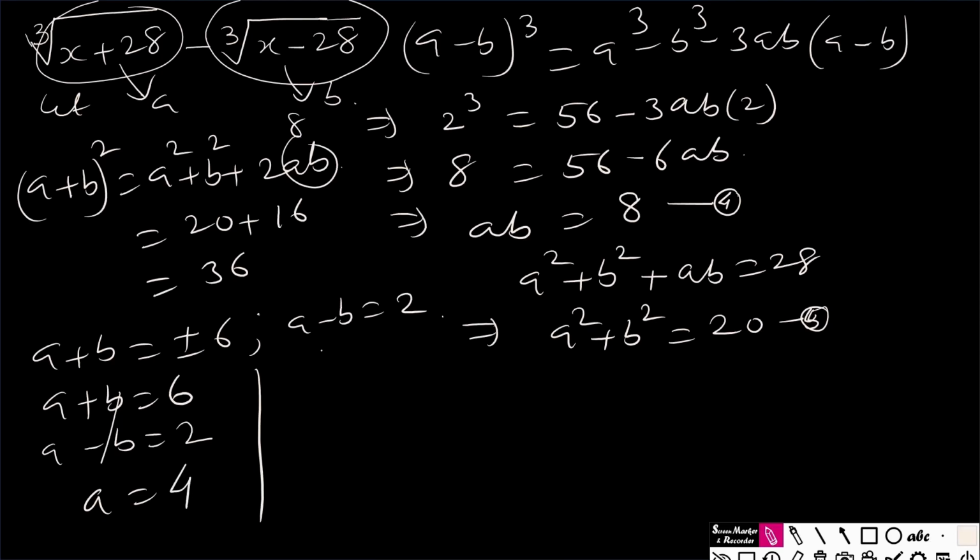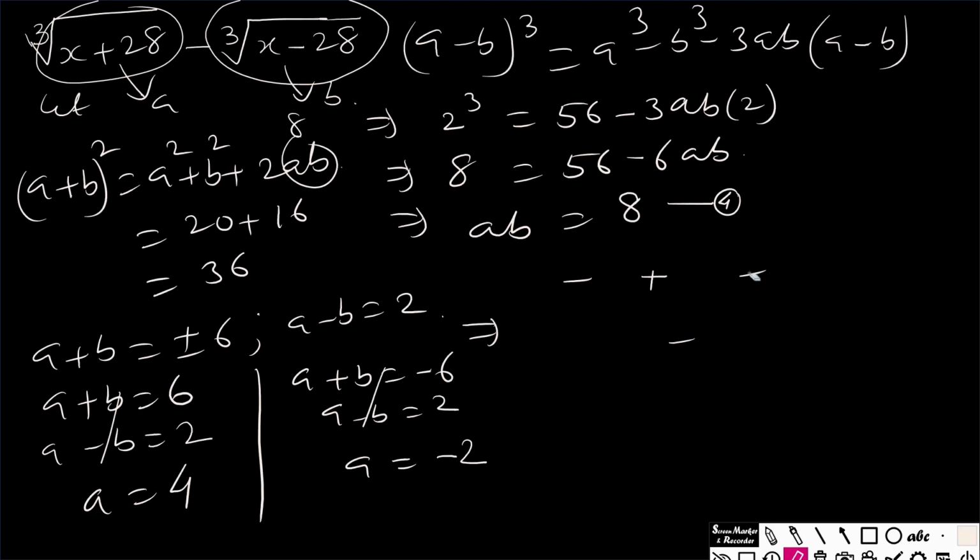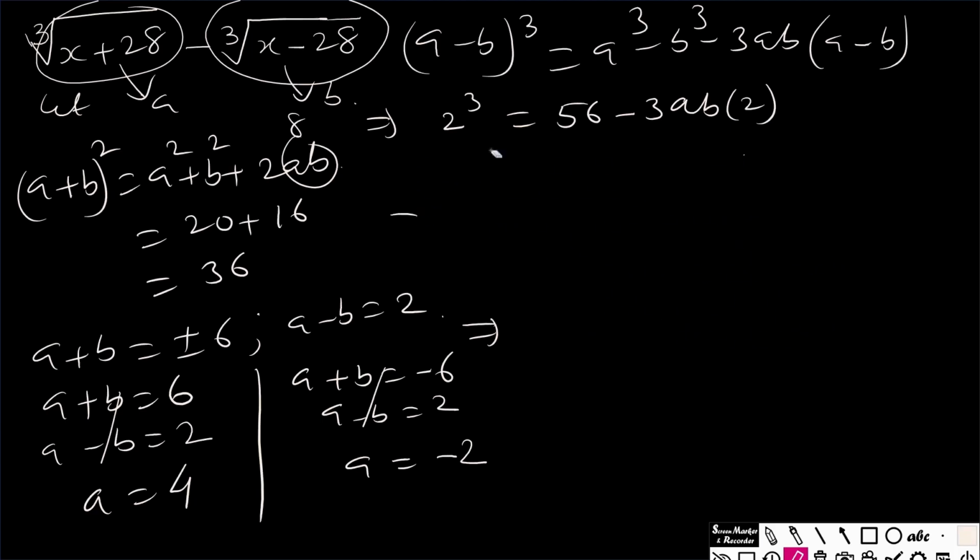And if a plus b equals minus 6 and a minus b equals 2, then a equals minus 4 divided by 2, which is minus 2. Now we have two values of a: one is 4 and one is minus 2.